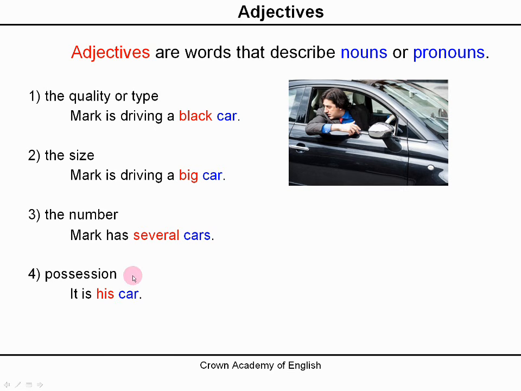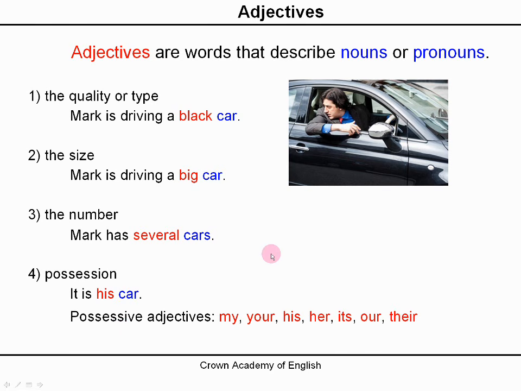It is telling us the possession. And the possessive adjectives are my, your, his, her, its, our, and their. Okay? And again, there are lots of different types of adjectives. These are just a few examples.